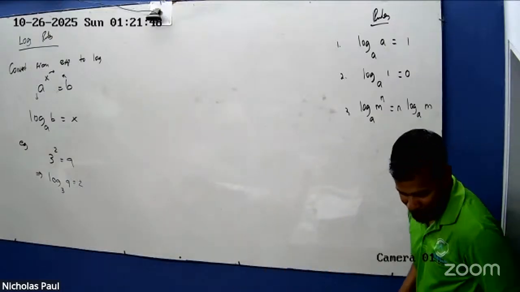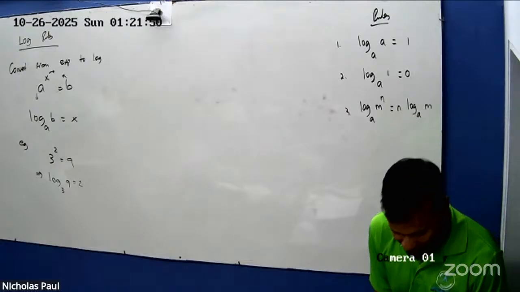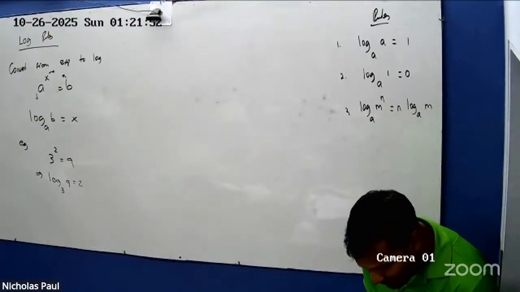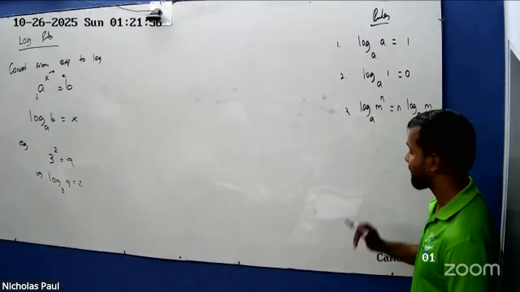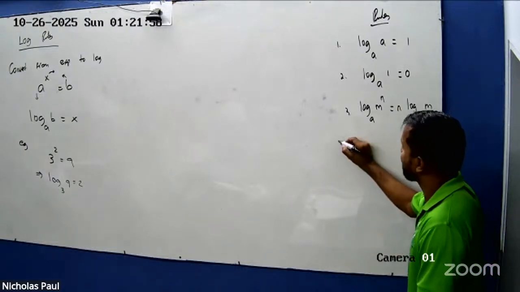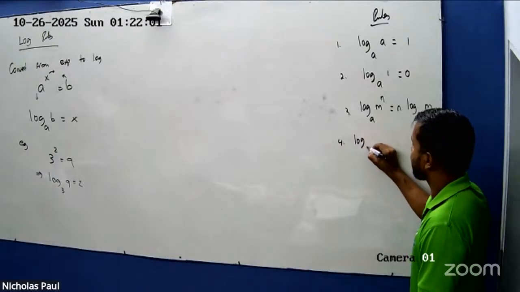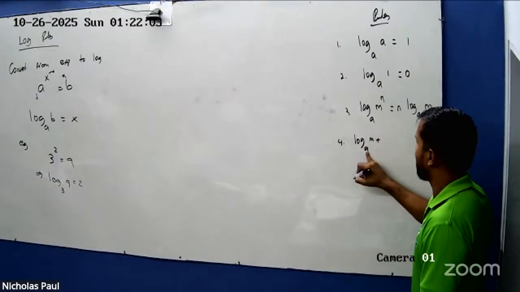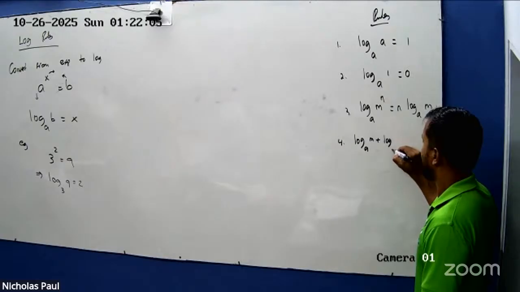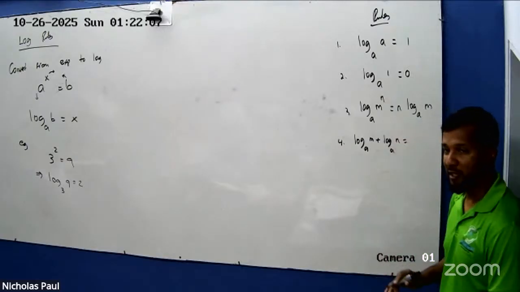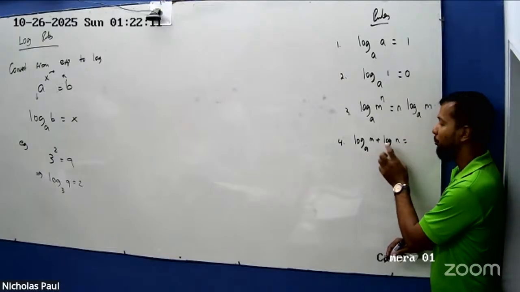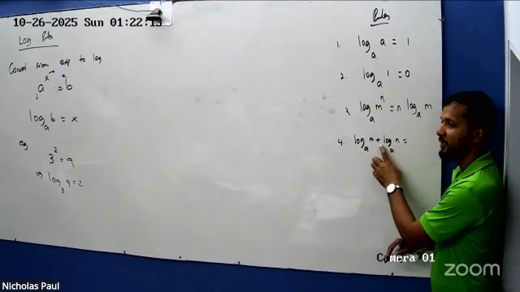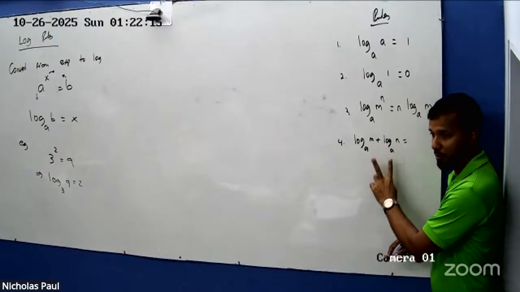Let's take up the addition and subtraction of terms. Log to the base a of m plus log to the base a of n. For addition you multiply, right?